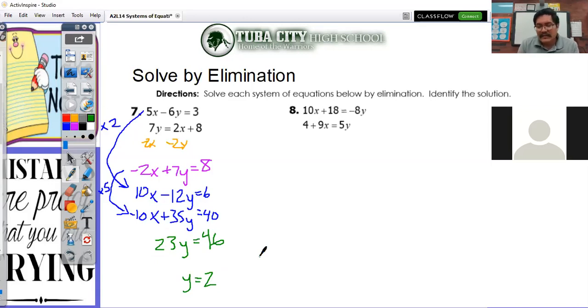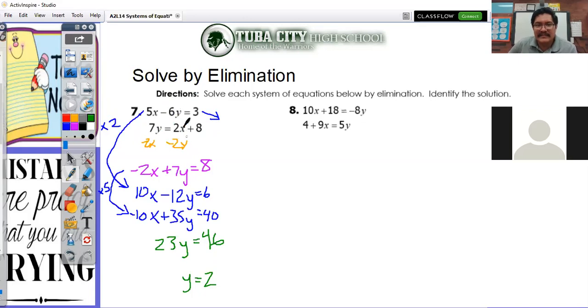But from here, you would just plug it into one of the originals. So since I have y, it wouldn't make sense to put it in here because then I'd have my number on one side. So I'm going to put it in the top one because it's the x that I'm after.